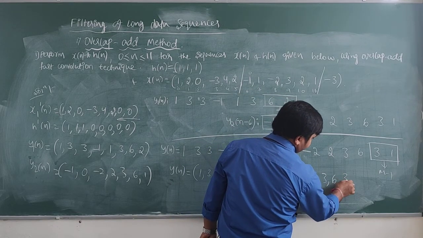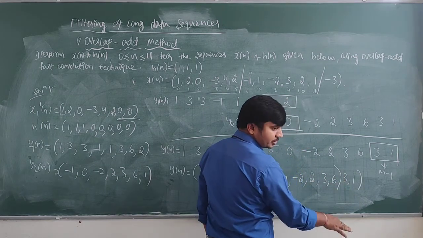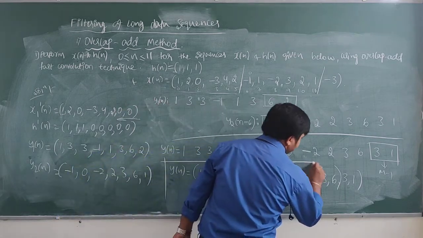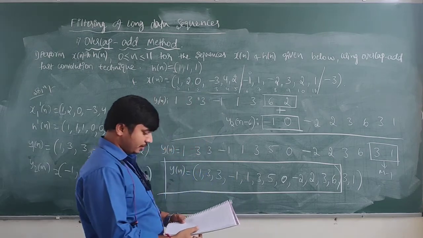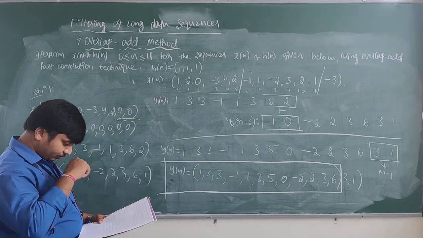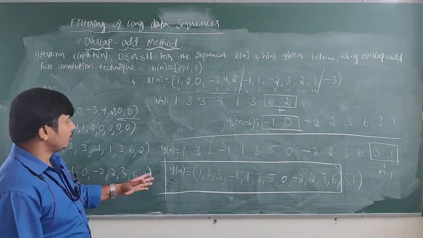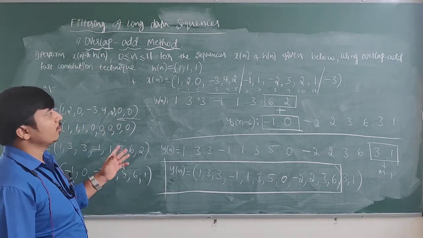If you retain them it is correct, and if you discard them it is also correct. So the choice is yours. So this is our final answer y of n, using the overlap add method.